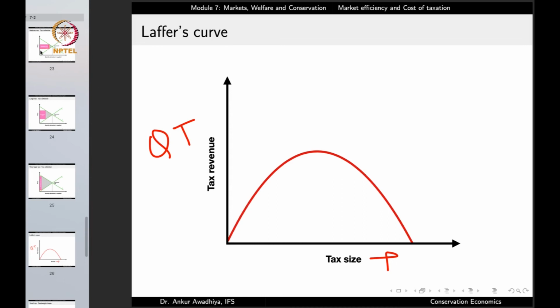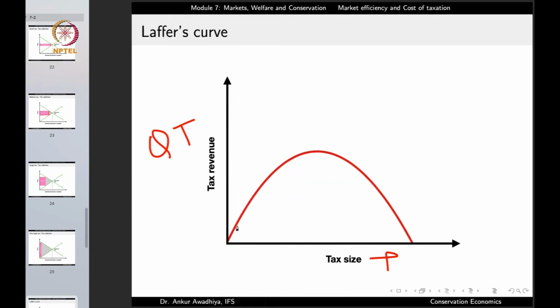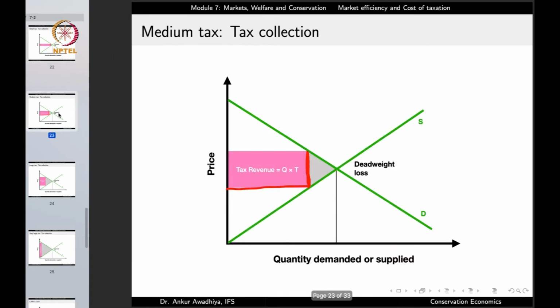What we were observing here is that in the case of a very small T, we were having a smaller value of the tax revenue. But when you increase the size of T, then the tax revenue is higher. So with increasing T, the Q into T increases.